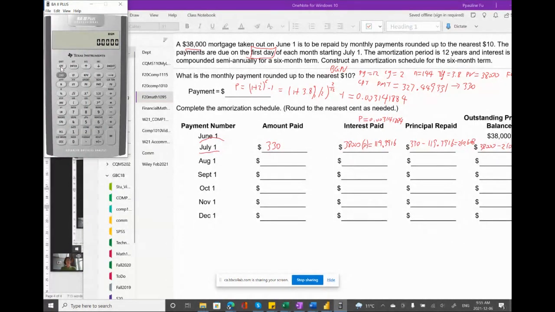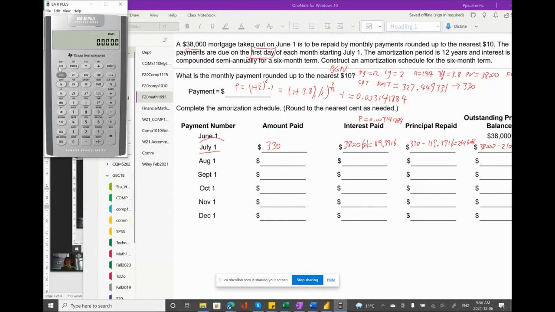And then set PY. PY is 12 because you make monthly payments. 1 year has 12 months. PY is 12. Down arrow, CY. CY is 2 because interest is compounded semi-annually. Enter.